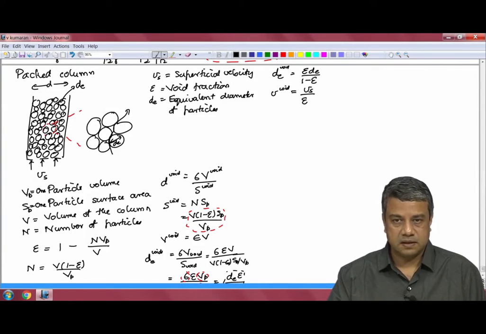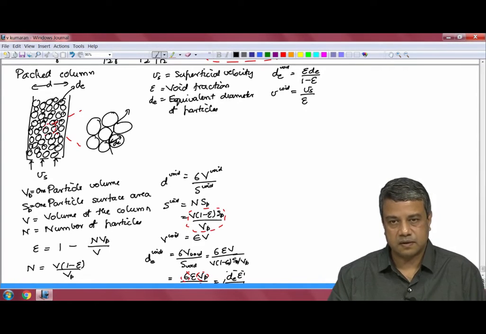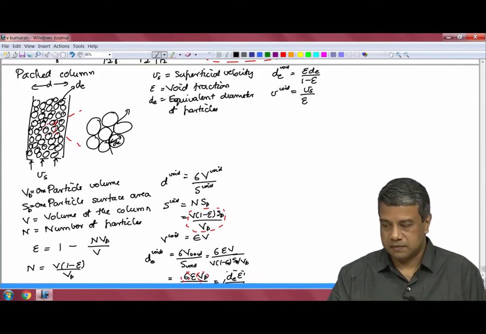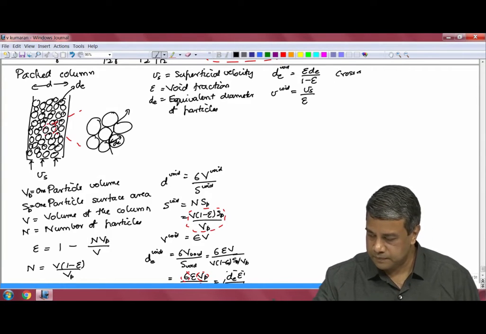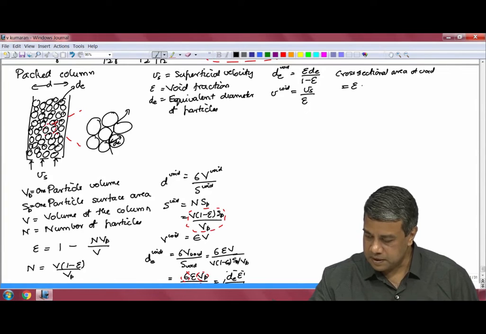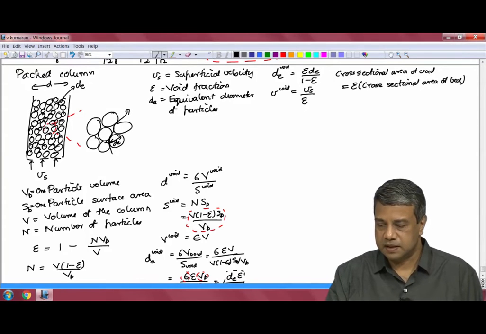So, the flow rate is equal to Vs into the cross sectional area of the bed, because the cross sectional area of voids is equal to epsilon times the cross sectional area of the bed, where epsilon is the void fraction, and because of that the velocity has to be Vs divided by epsilon.